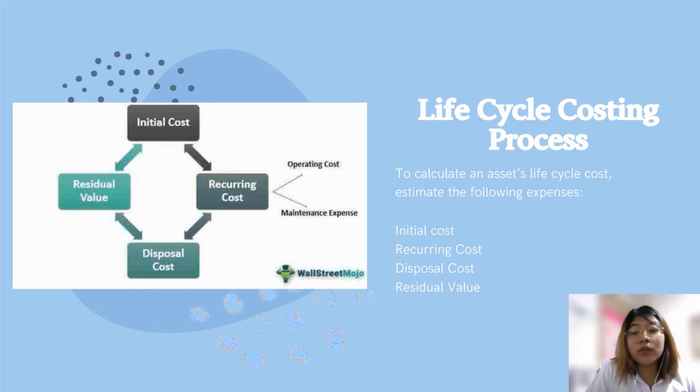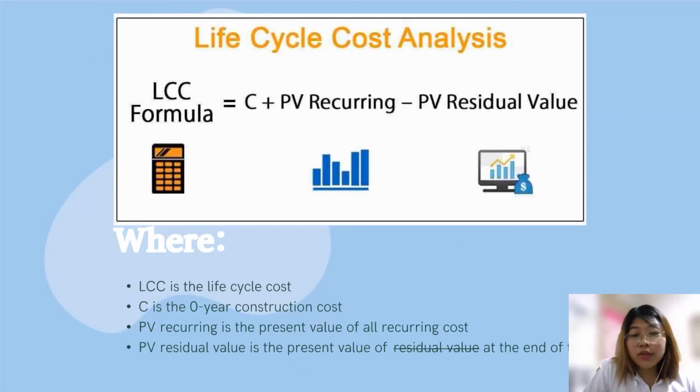Third is the disposal cost and residual value. We also have here a simple formula that we can use in computing the life cycle cost analysis. LCC stands for life cycle cost, and the formula is equal to C, which is the 0-year construction cost, plus PV recurring minus PV residual value.